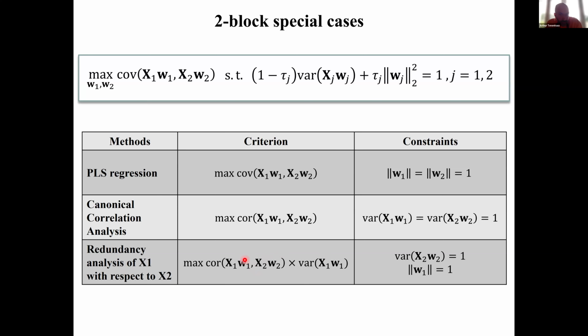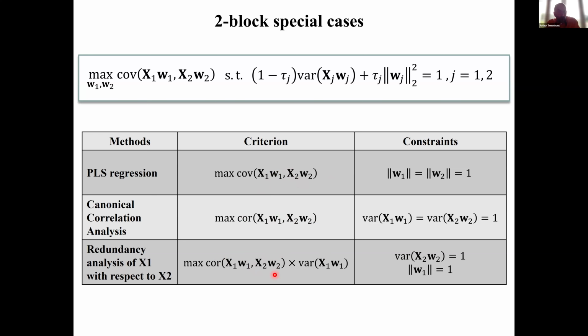And you see that in that case, the optimization problem is not completely symmetric. Here it's completely symmetric: you are maximizing the covariance between X1W1 and X2W2, which is the same as maximizing the covariance between X2W2 and X1W1. So this criterion is completely symmetric. This one is also completely symmetric, but this one is not symmetric.